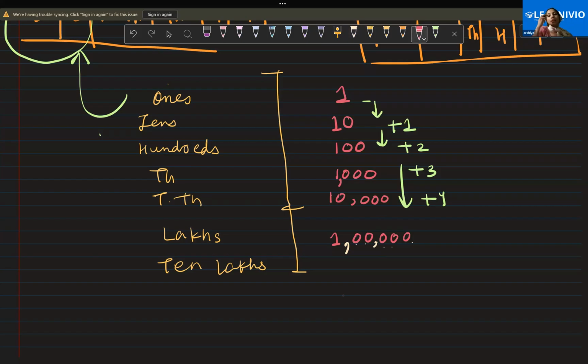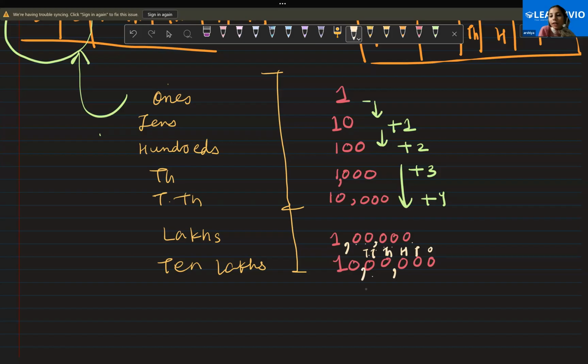Now the next number is 10 lakhs. How many zeros should be there in 10 lakhs? Six. Yes, we just increase one zero: one, two, three, four, five, and six. Can you tell me where I should put the comma? After three zeros, because of ones, tens, hundreds, then thousands and 10,000s.